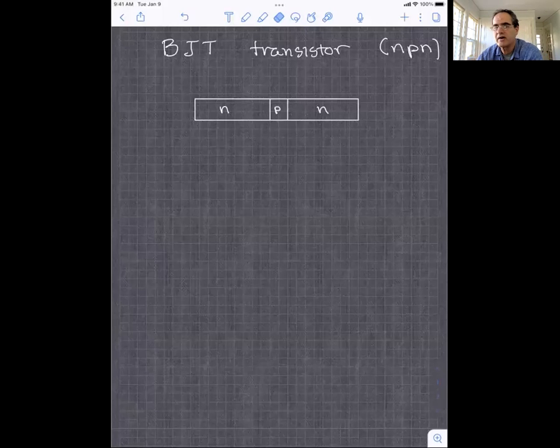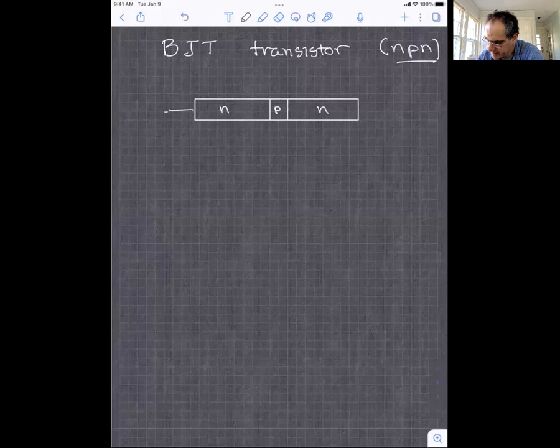Okay, here, let's talk about the bipolar junction transistor. So we're going to talk about the NPN transistor. One version of this, and schematically, it might look something like this.